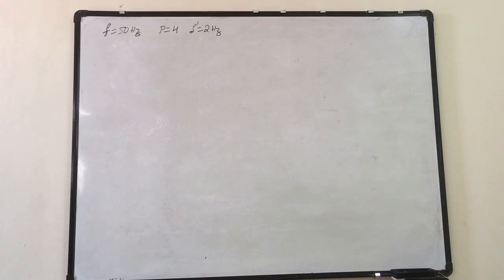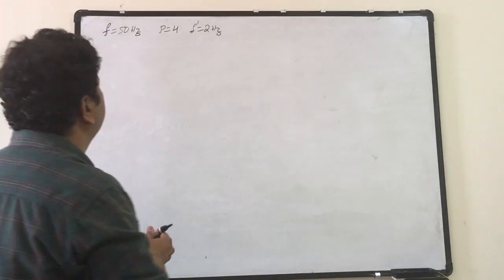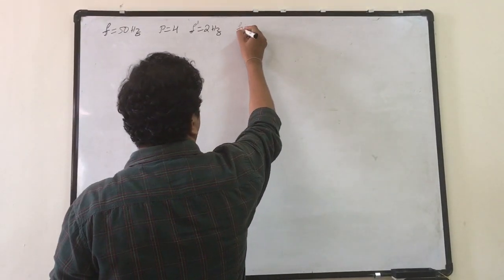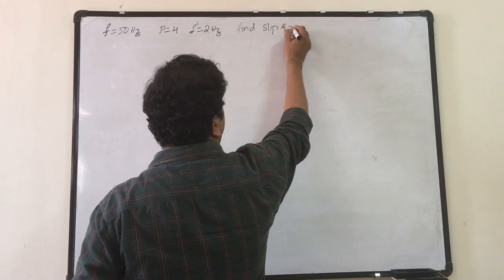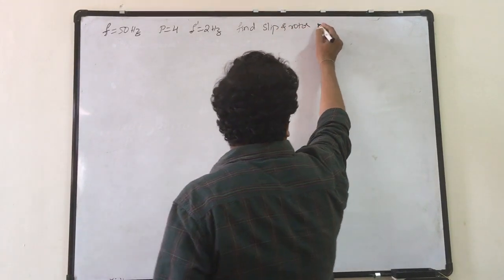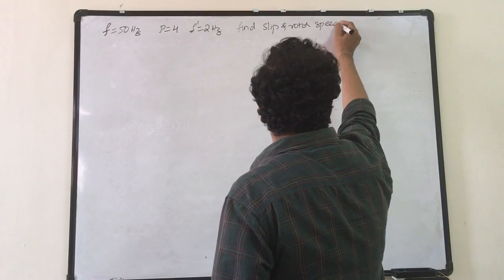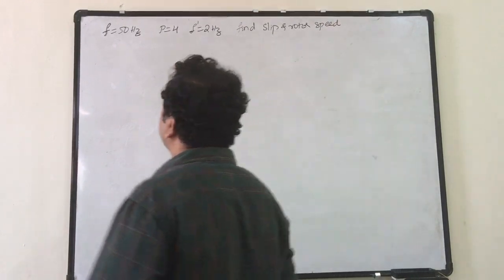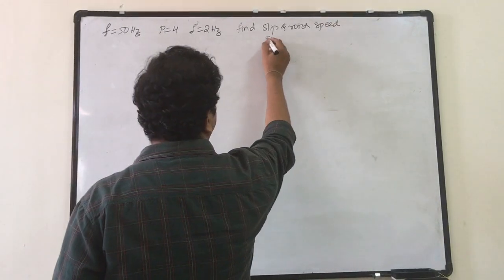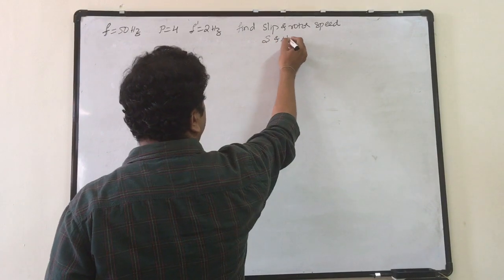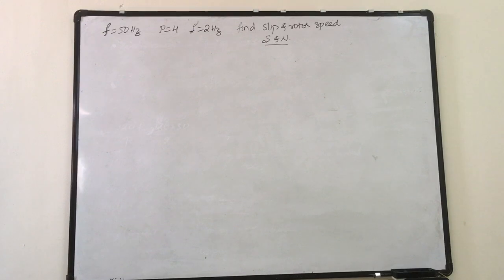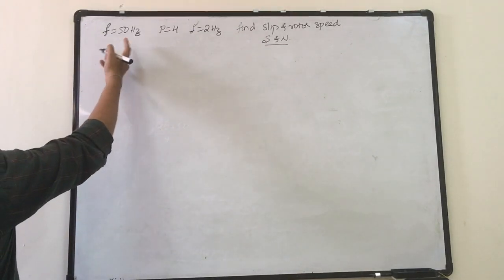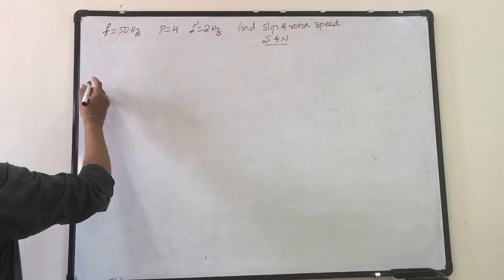Find the slip and rotor speed of the motor. That is, I need to find S and N. It is given F is equal to 50 Hz, F dash is equal to 2 Hz.